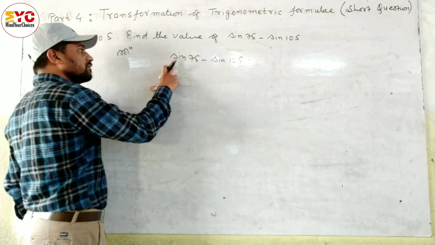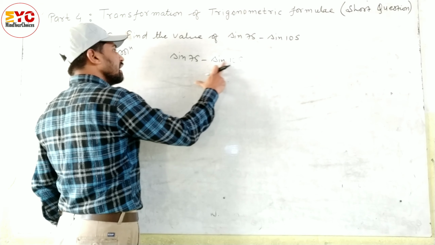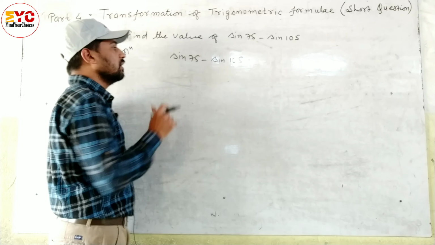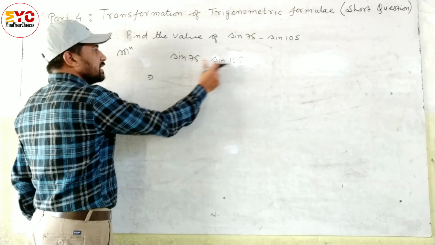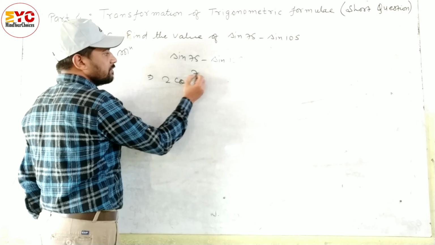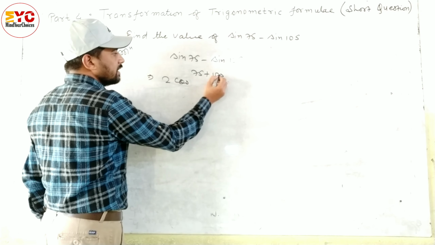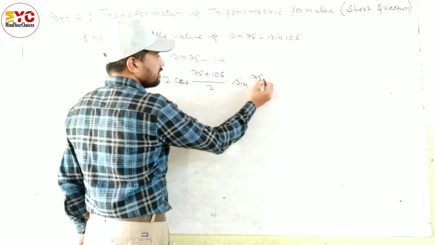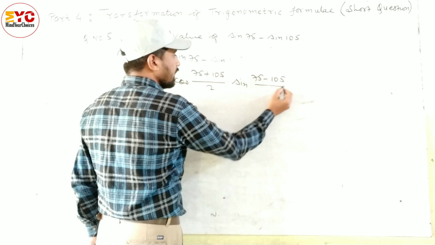This is in the form of sine C minus sine D. You can turn the page and look at the formula if you don't know it. The sine C minus sine D formula is 2 cos (C plus D) by 2 sine (C minus D) by 2. C means 75, so 75 plus 105 by 2 sine 75 minus 105 by 2.